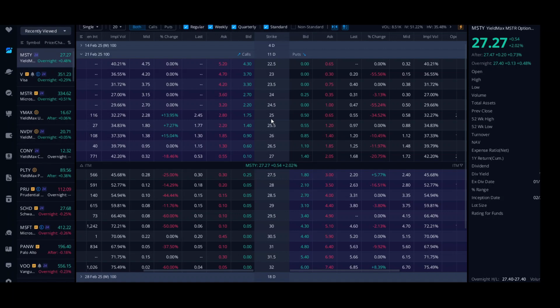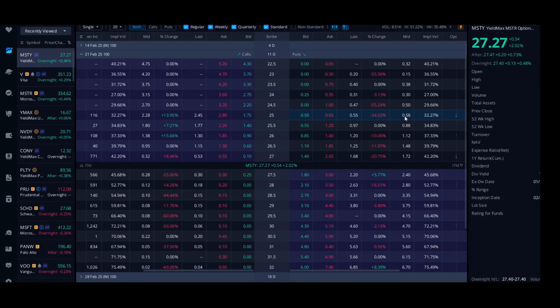Now, if the price does not get down to 25, if it stays at $25.01, then this contract will expire worthless, meaning that this amount here, where it says 58 cents right now, will go to zero on that expiration date if the price is above 25.